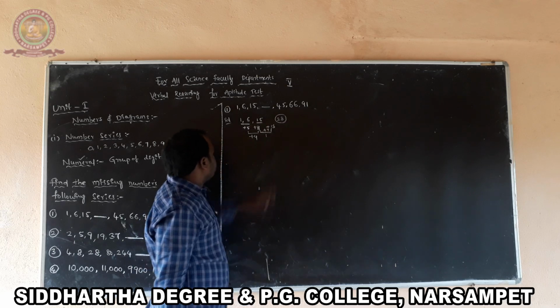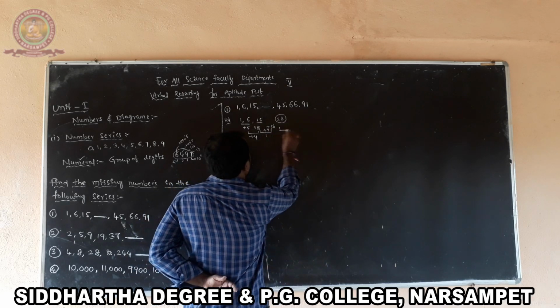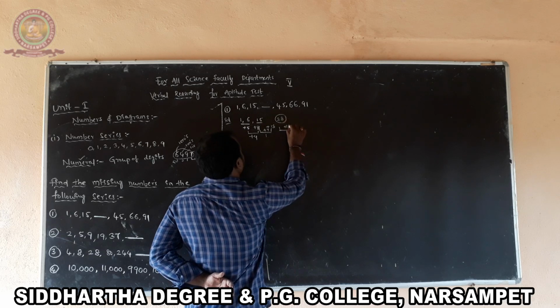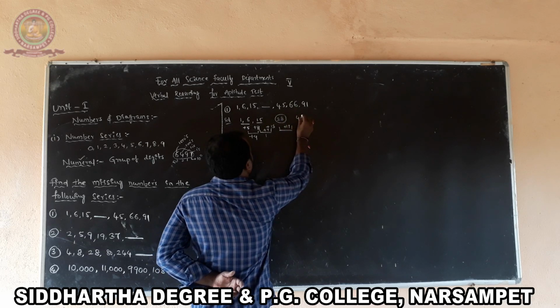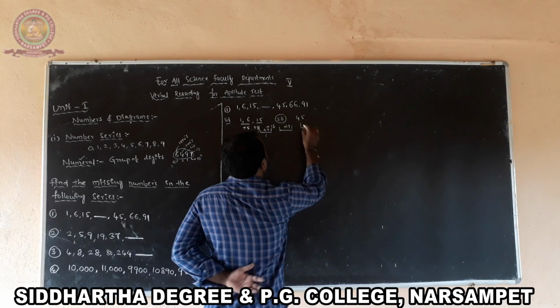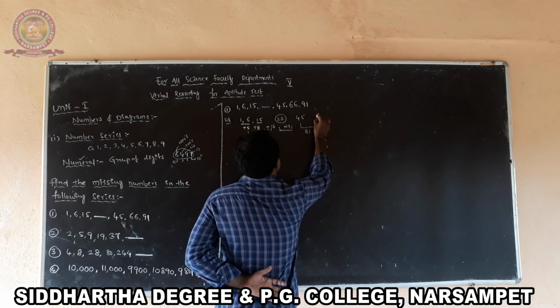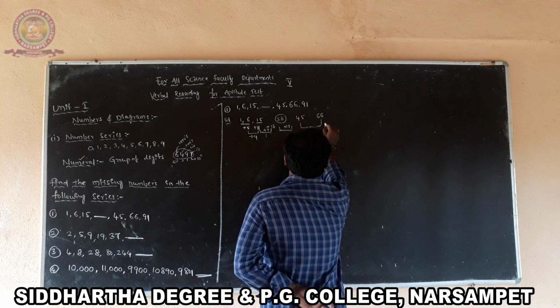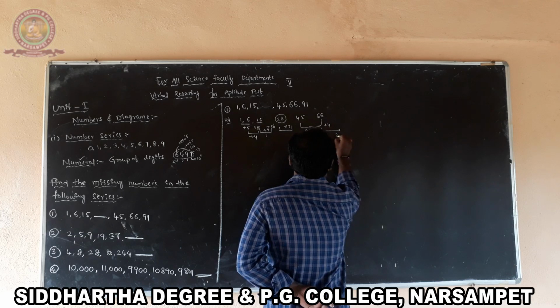Then 13 plus 4 is 17. So 28 plus 17 is 45. Then 17 plus 4 is 21. So 45 plus 21 is 66. And 21 plus 4 is 25.